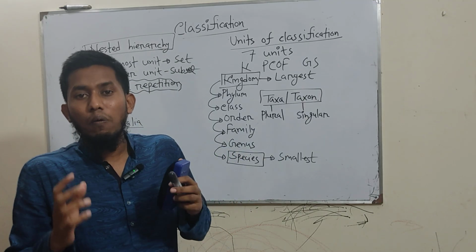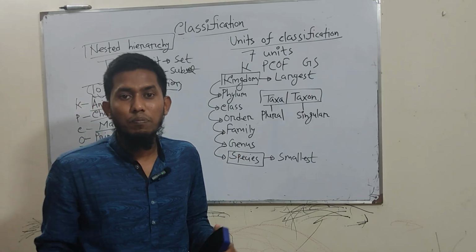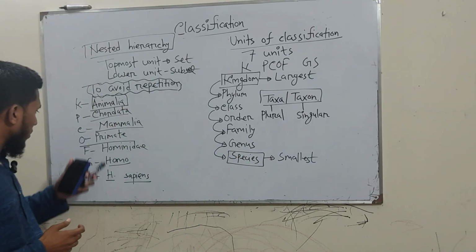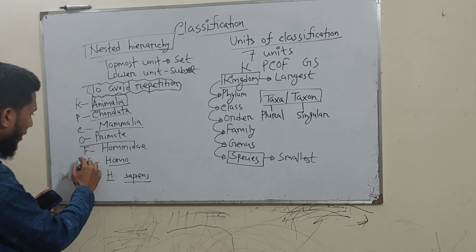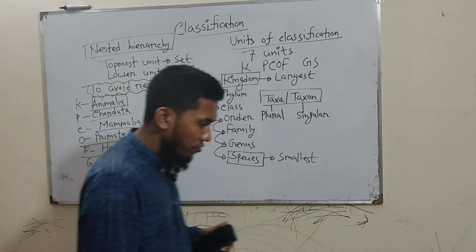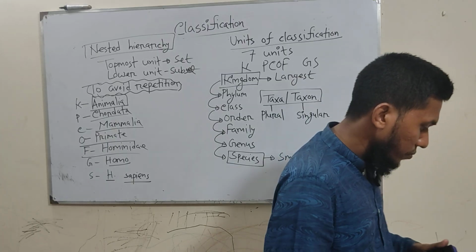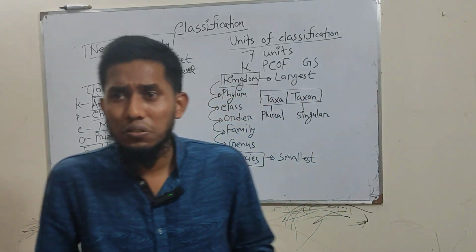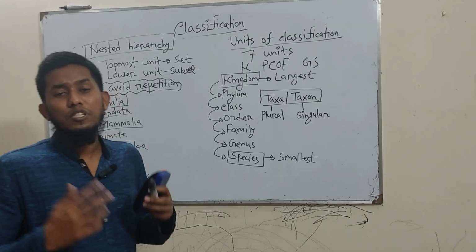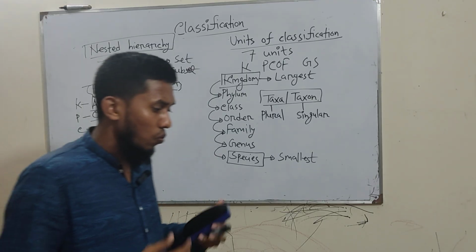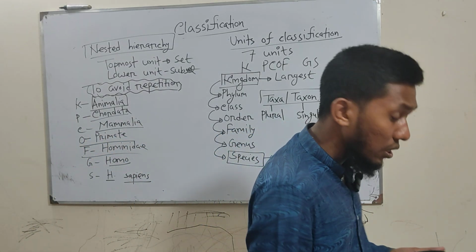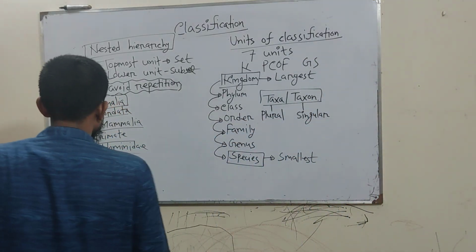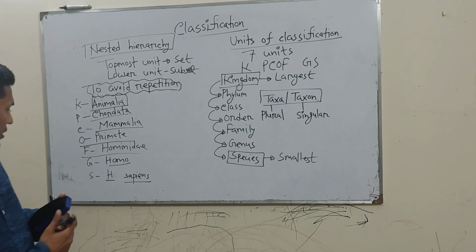That's why man belongs to the order Primate. And why does man belong to the family Hominidae? Because we have similarities with the chimpanzee, the gorilla, etc.